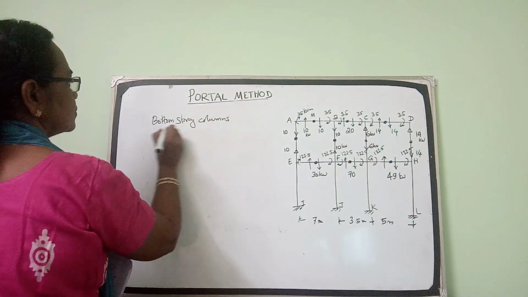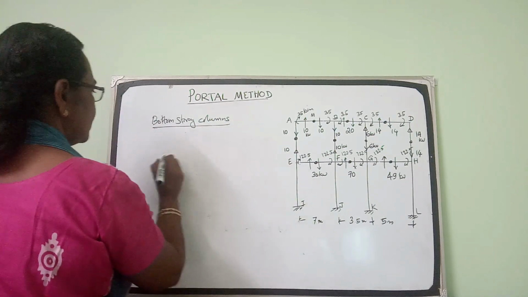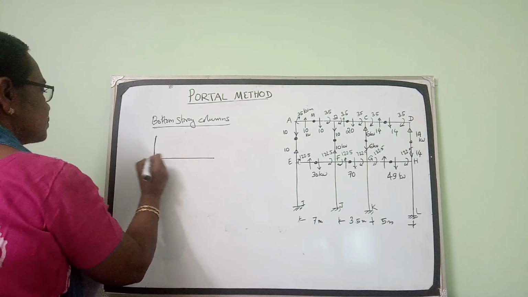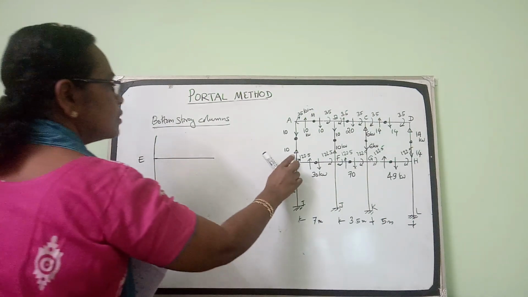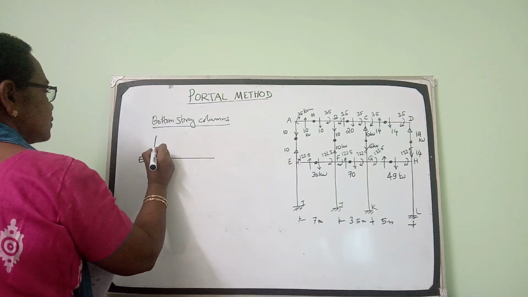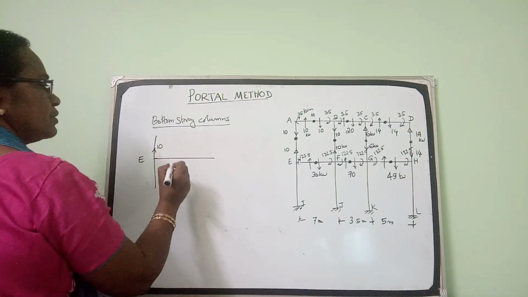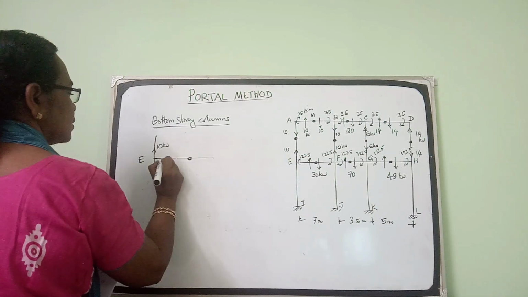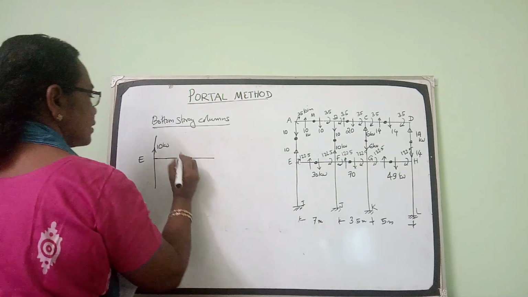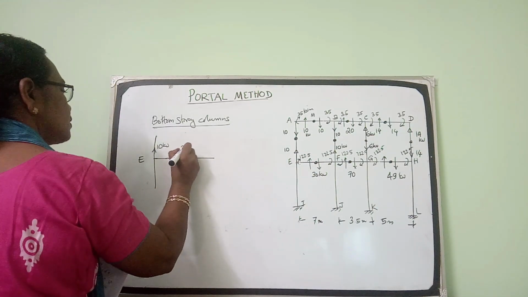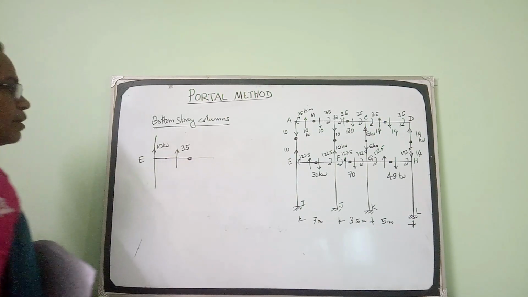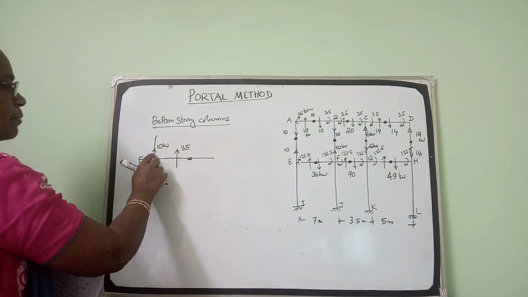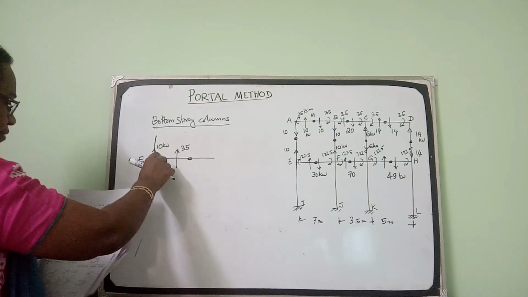Consider joint E. Considering joint E, there is an upward force in this top column, 10 kilonewton, and in this beam there is an upward force 35. So the net upward force is 35 plus 10, 45.